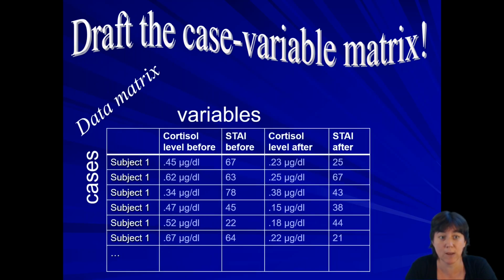Remember, we had subject 1, subject 2, subject 3, etc. And I had cortisol levels before and after, and self-report questionnaire data before and after the therapy. There's a slight mistake here. Subject number 1, then comes subject number 2, then 3, then 4, then 5, then 6, etc. So I will correct that on the slides that I will give you afterwards.